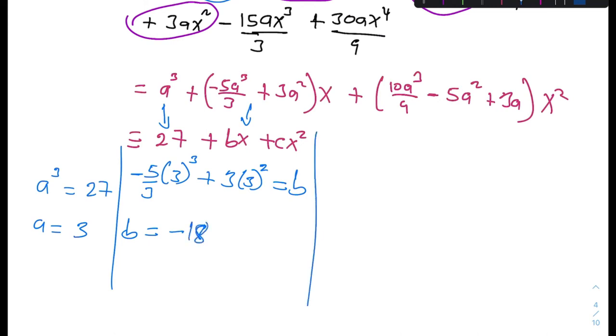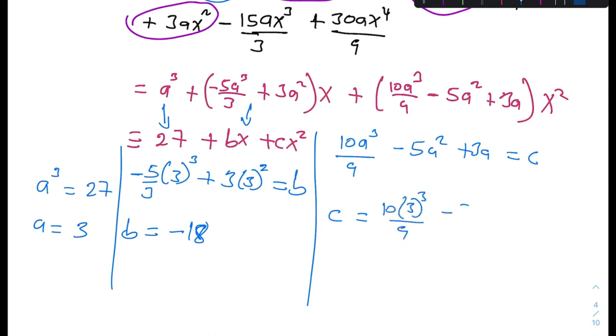Okay, so now let's go and deal with c. C is 10a cubed over 9 minus 5a squared plus 3a is equal to c. So you have 10 into bracket 3 cubed over 9 minus 5 into bracket 3 squared plus 3 into 3.